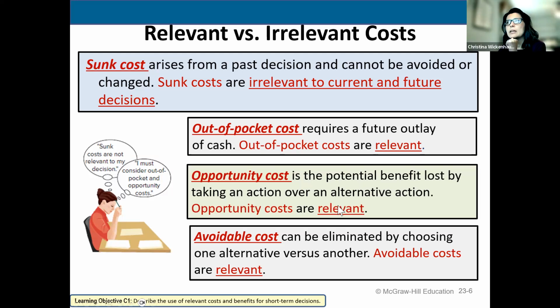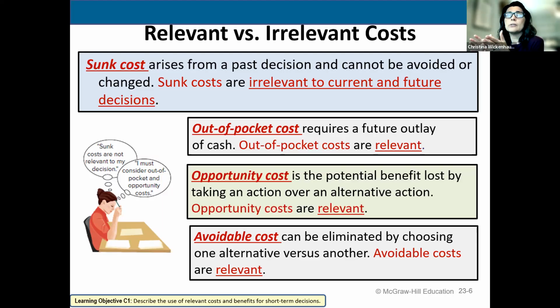An opportunity cost is you have all of these different options. So what's your potential benefit that you're going to lose by taking the other decision? So I'm just going to keep talking about cheesecake and bread all day long.